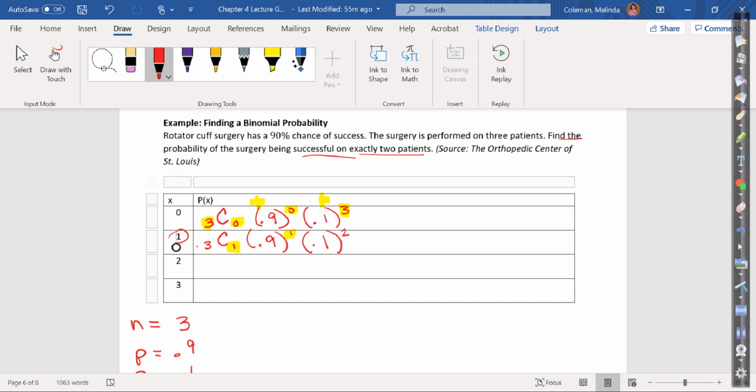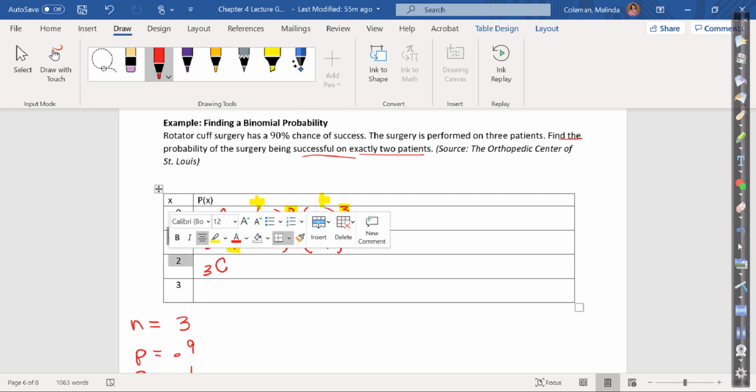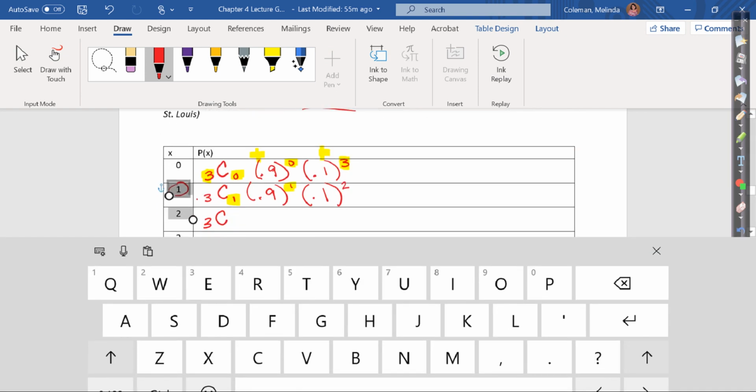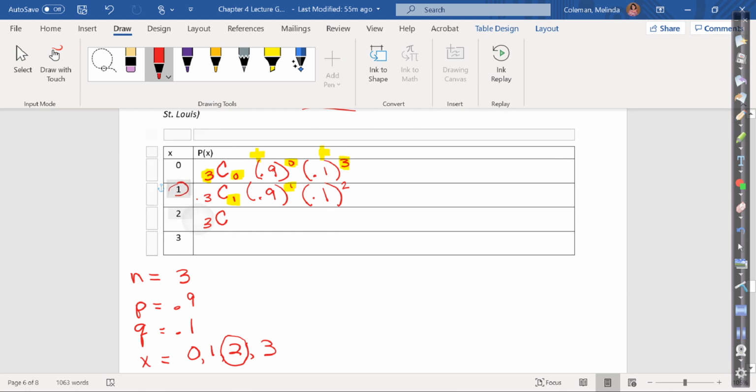So to find the second one, it would be a combination of 3 things taken 2 at a time. I'm not sure what's going on with my chart. So taking 2 at a time, times 0.9, now 2, and then 2 plus 1 gives me my 3.